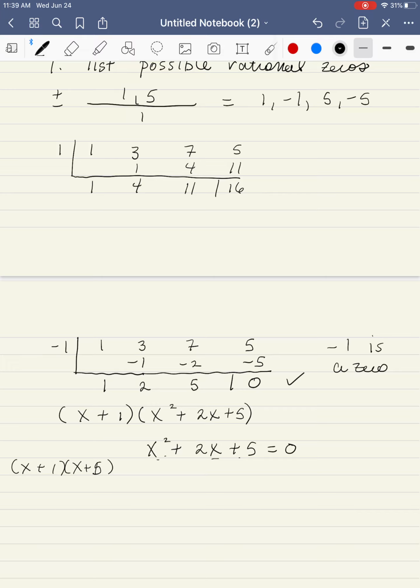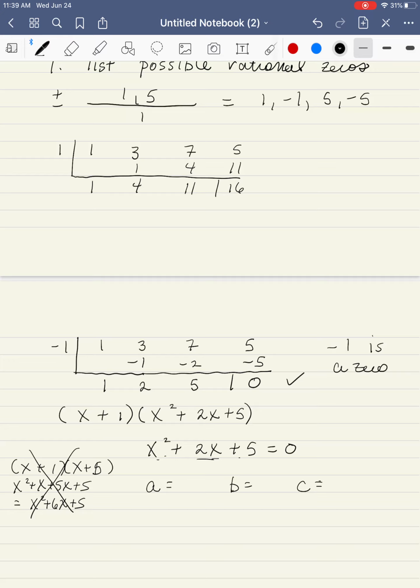The only way I could get x squared and positive 5 is x plus 1 and x plus 5. And if I FOIL that back out, I get x squared plus 6x plus 5. Not the correct middle term. So this one does not factor.